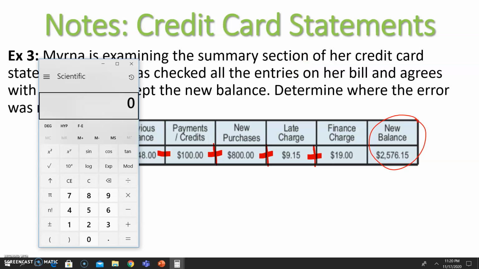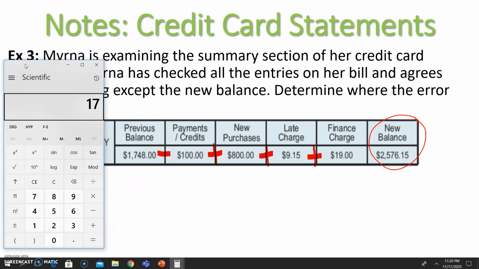Okay, so let's take a look. So we started with $1,748. She paid $100 that month, plus $800, plus $915, plus $19. Okay, so according to the bank, she owes $2,576.15, but according to her calculations here, based off of all the information, it is $2,476.15.